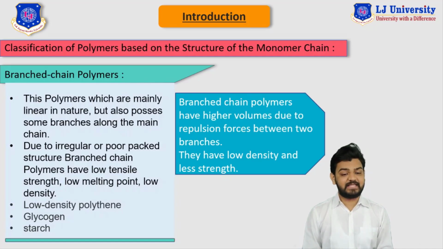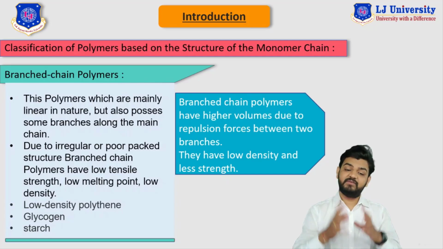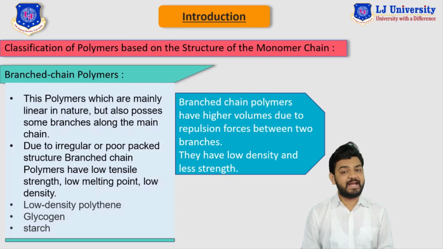So we can say that branched chain polymers have higher volume due to repulsion forces between two adjacent molecules or monomers. This is the main reason that this polymer has relatively low density and low tensile strength.